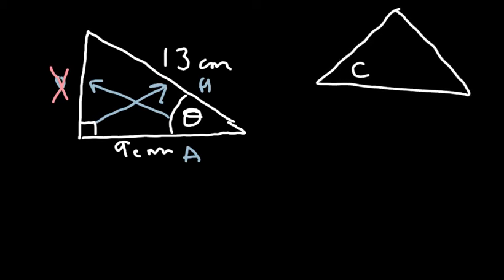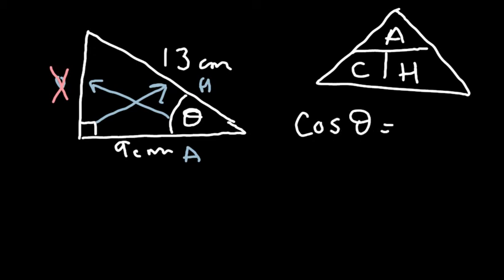This is cos. Cos of the angle is equal to the adjacent side divided by the hypotenuse. So, cos of the angle is equal to the adjacent, which is 9, divided by the hypotenuse, which is 13. This is the ratio.